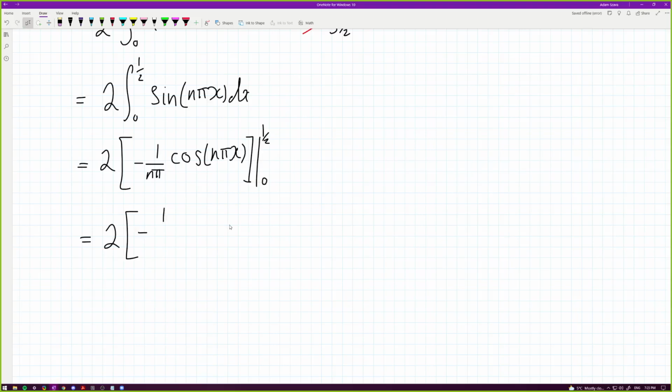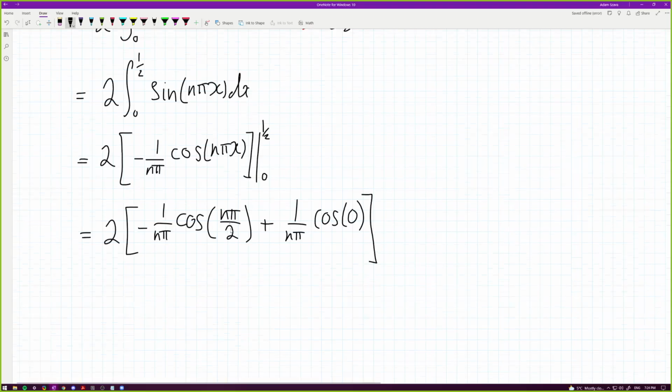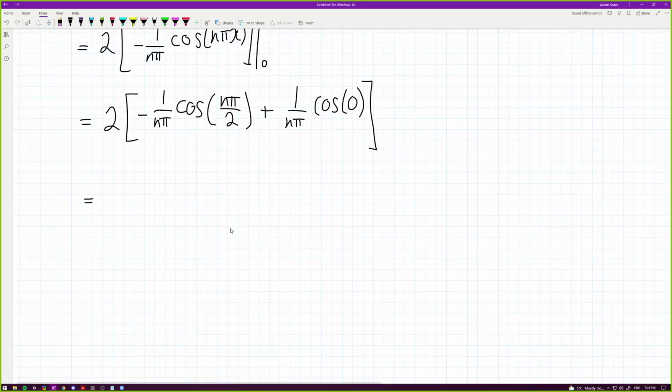So it's negative 1 over n pi cosine of n pi over 2, and then we add 1 over n pi cosine of 0. Cosine of 0 is 1. So it's negative 2 over n pi cosine of n pi over 2, plus 2 over n pi, because cosine of 0 is 1.